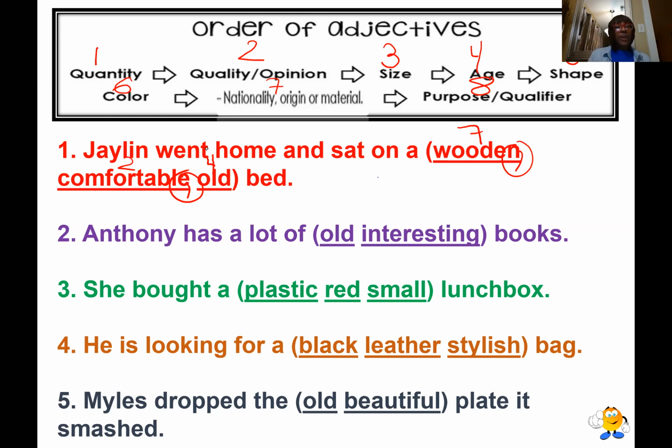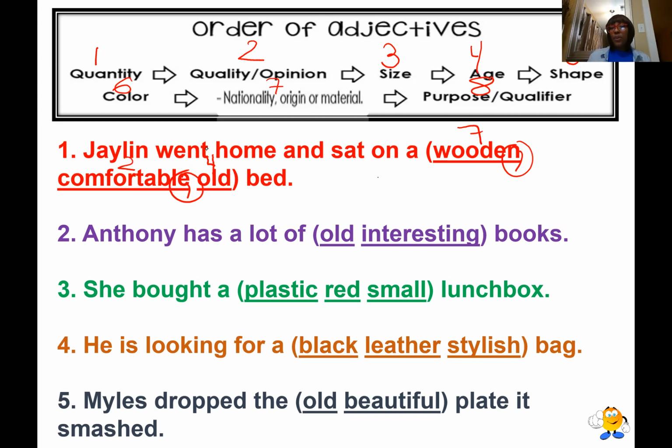So how do we reread this sentence? Well, the proper order would be, think time. Jalen went home and sat on a comfortable, comma, old, comma, wooden bed.